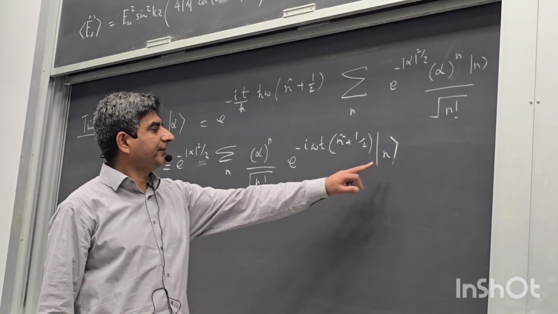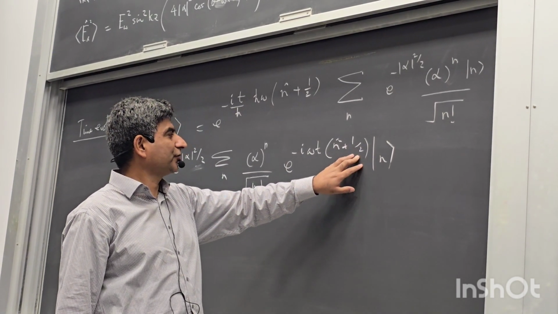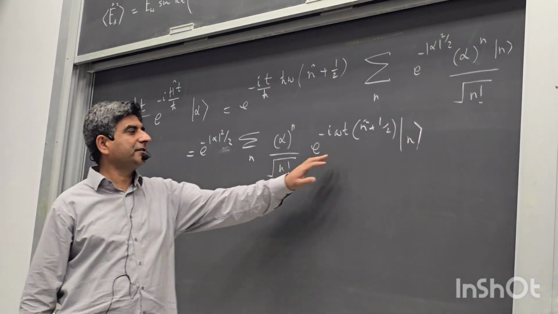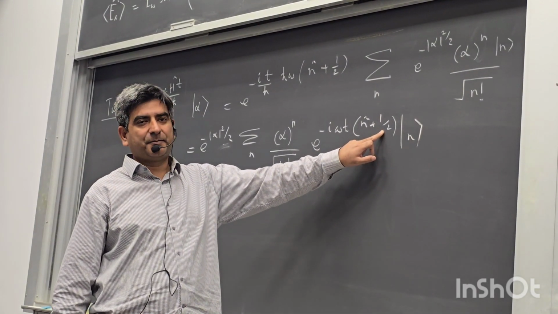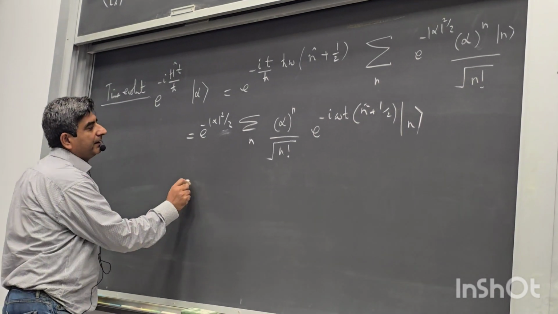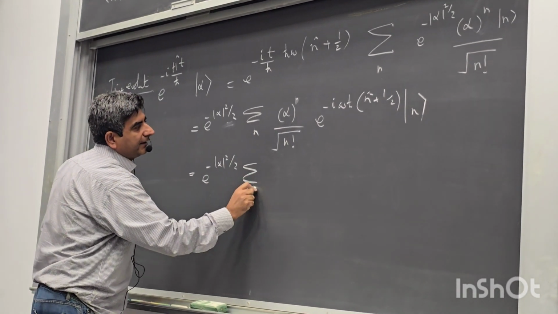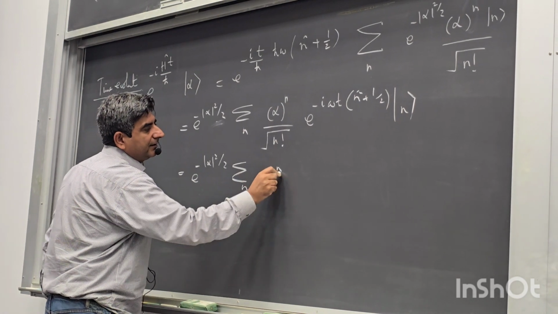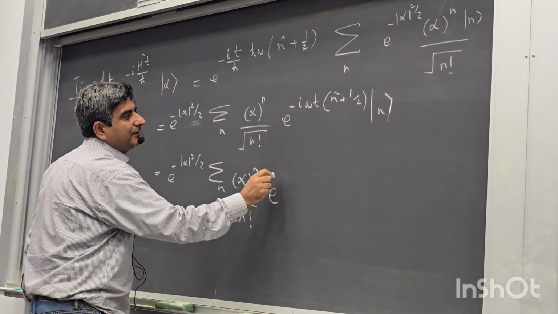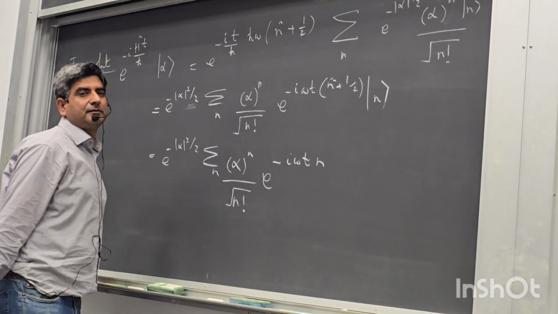Now this is an eigenstate of the number operator, and this is just a constant, so I can take out the constant. I can ignore the term that does not have any operator in it, it just renders a global phase. So this becomes e to the minus alpha square over 2, alpha raised to power n over square root of n factorial, e to the minus i omega t n.